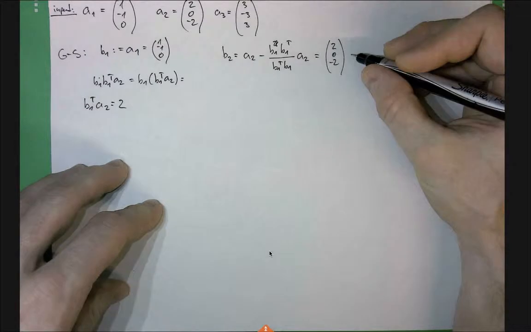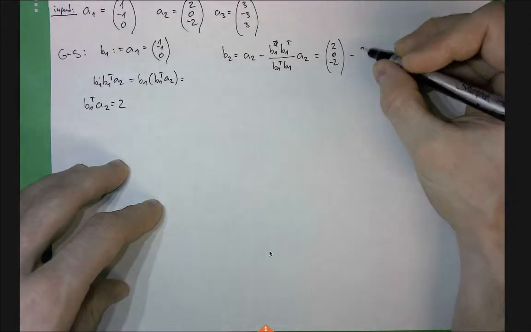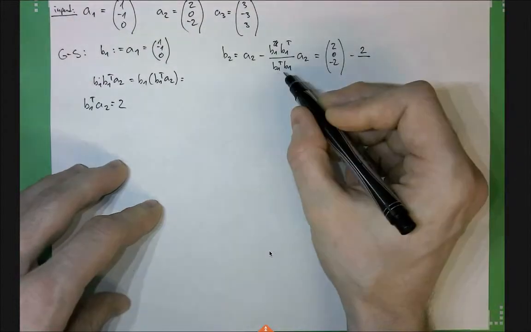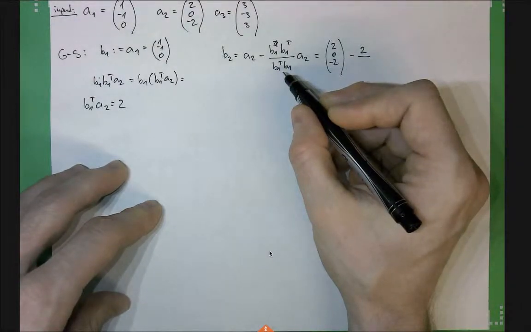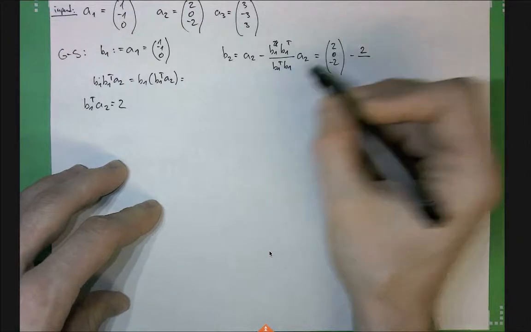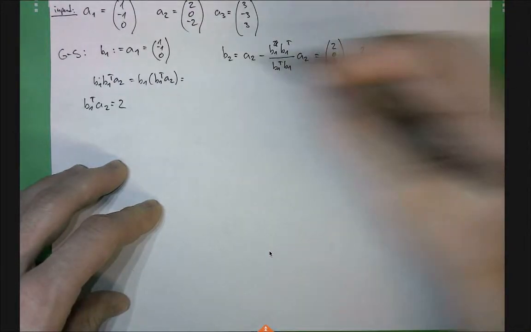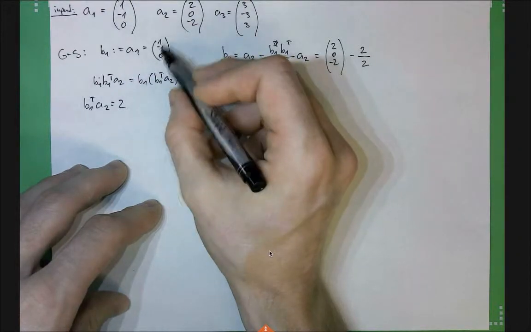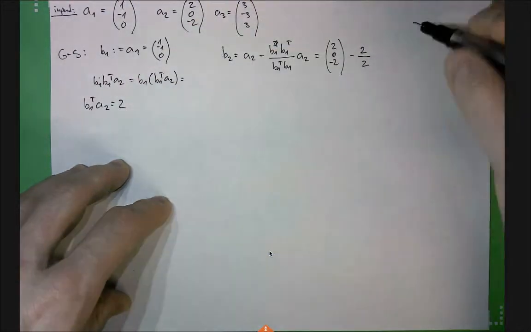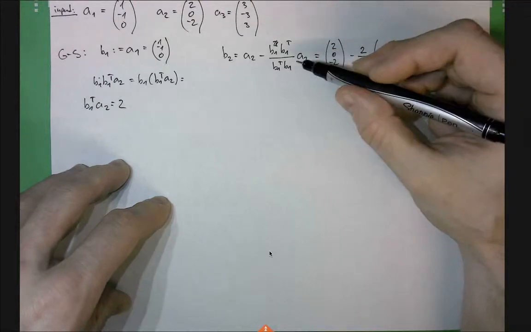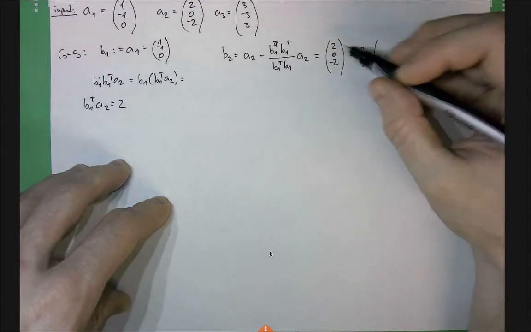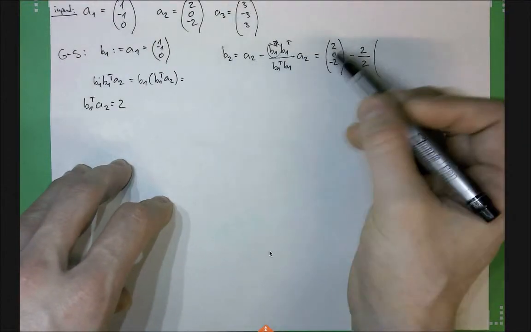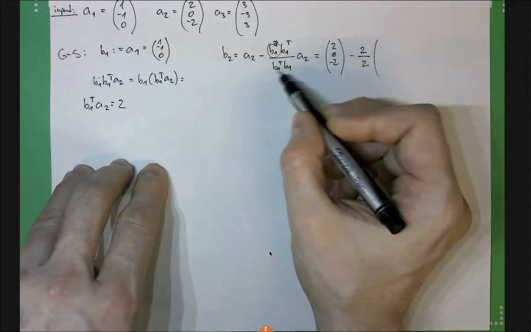So let me write it this way. I will write it as minus. So this is on the top, 2, divided by B1ᵀ B1. B1ᵀ B1 is how much? It's also 2, right? This is the squared length of B1, so it's 1 plus 1. And this is scaled by B1. Here I did the B1ᵀ A2, this was the one dot product, and the B1ᵀ B1 was the other dot product.